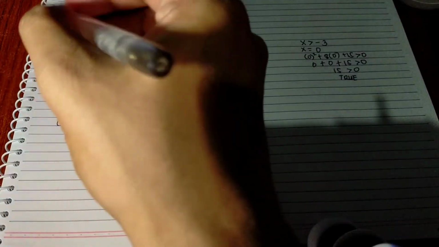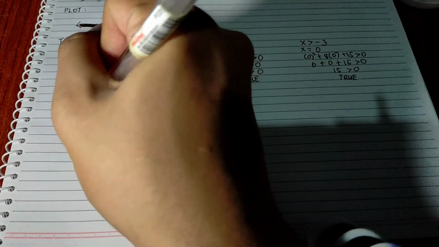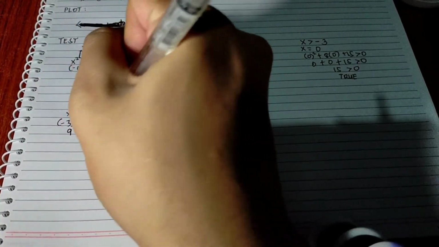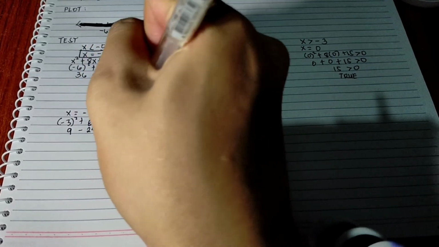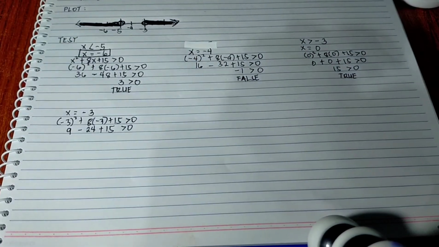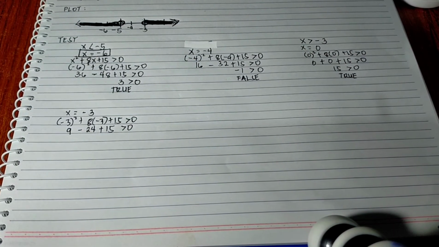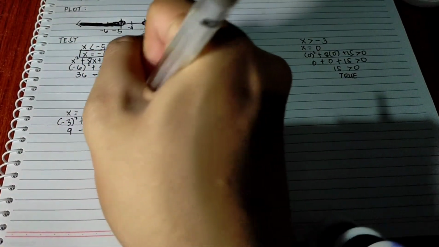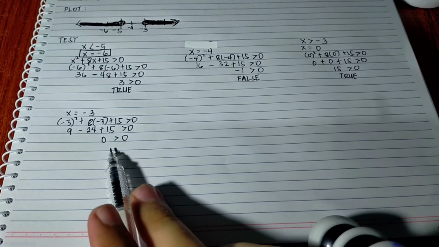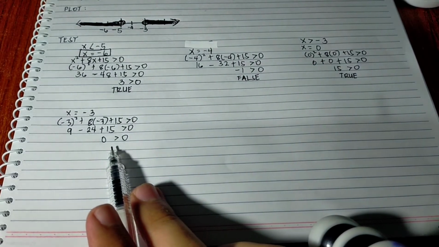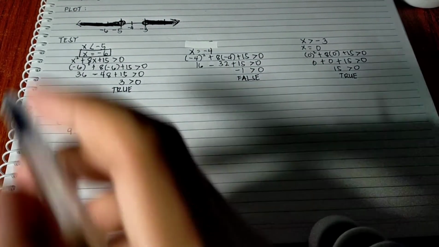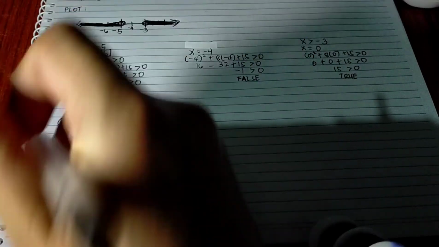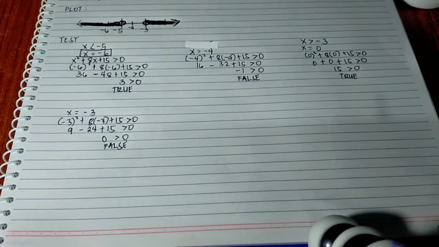So, 9 minus 8 times negative 3 is 24 plus 15 is greater than 0. 9 minus 24 is negative 15 plus 15 is 0. So, is 0 greater than 0? No, it is not greater than 0. Therefore, false siya. Okay? So, kapag nag-false, ibig sabihin, hindi siya part ng solution.